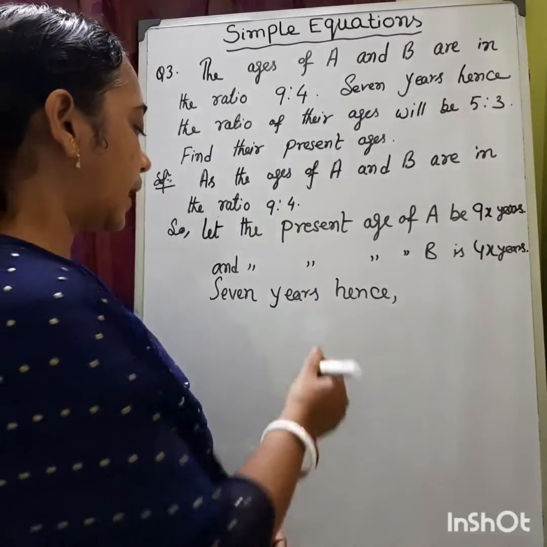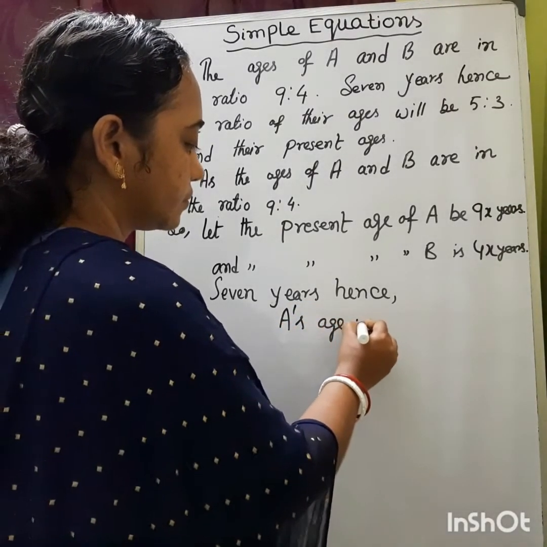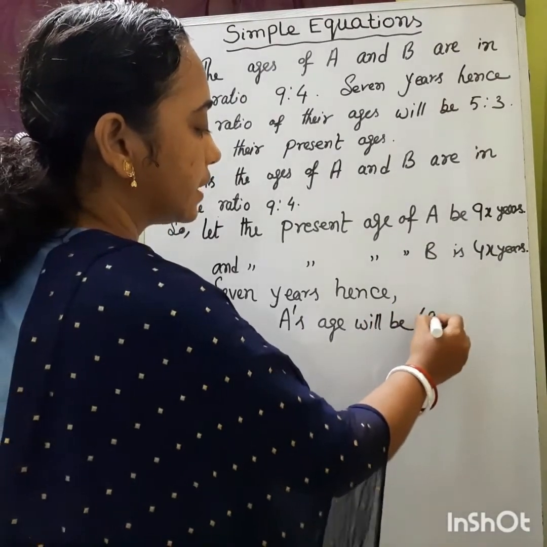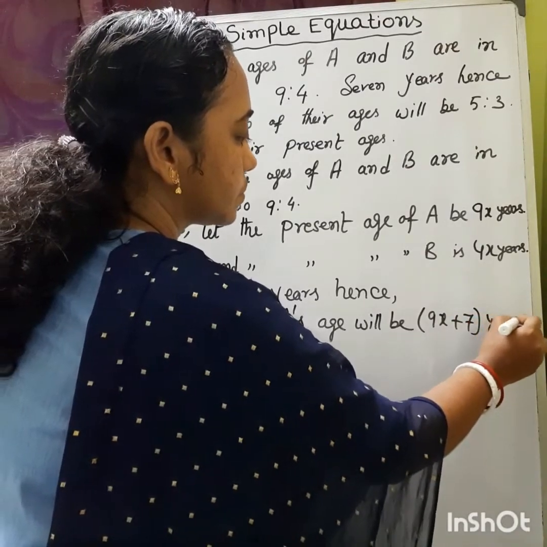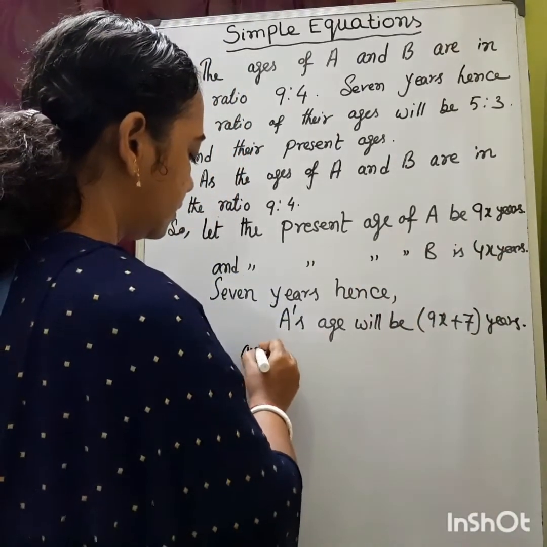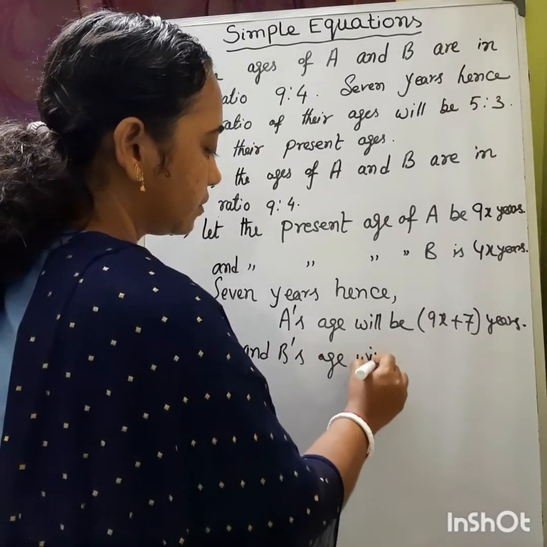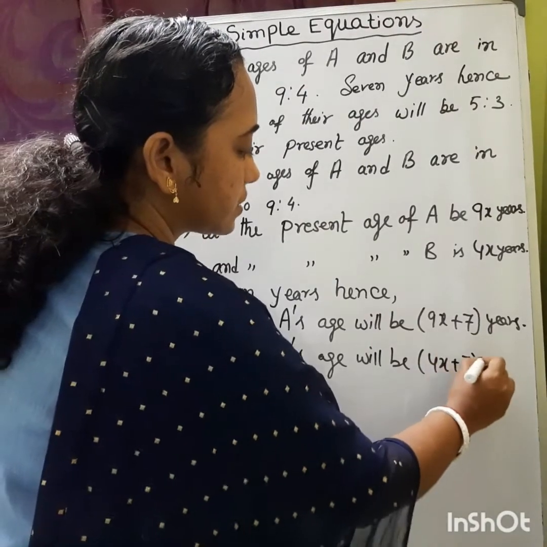That means A's age will be increased by 7 years, meaning 9x plus 7 years, and B's age will be 4x plus 7 years.